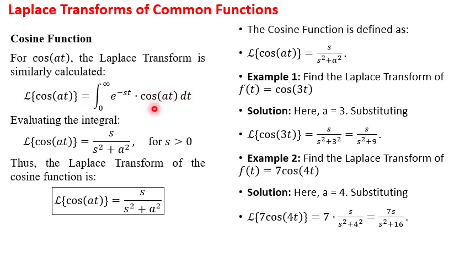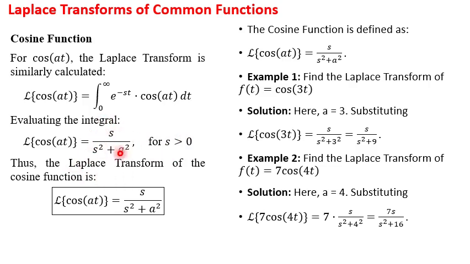The function of t here is cos at. Using integration by parts and taking the limit from 0 to infinity, the Laplace transform of cos at becomes s all over s raised to power 2 plus a raised to power 2, for when s is greater than 0.